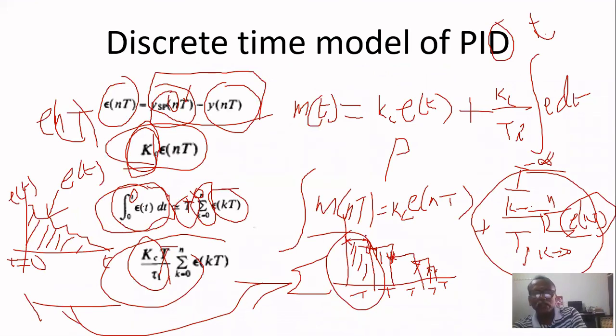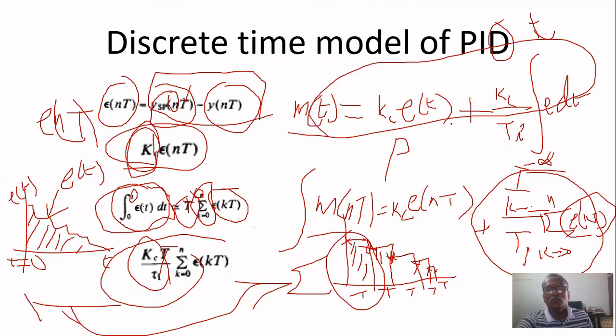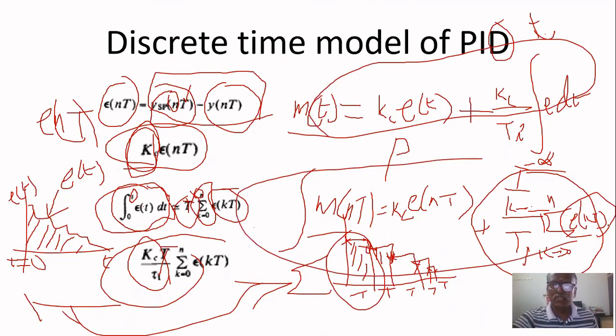Therefore, the PID controller output can be written as m(nT) equal to Kc e(nT) plus Kc T by Ti sigma k equal to 0 to n of e(kT) plus Kc multiplied by Td and that slope term from first order hold. This is the continuous PID controller, and this is the discrete PID controller.